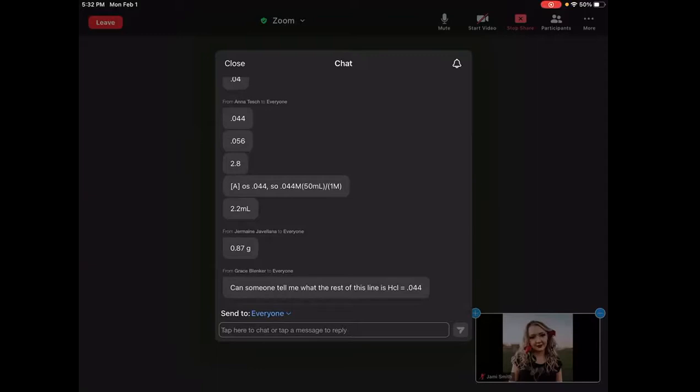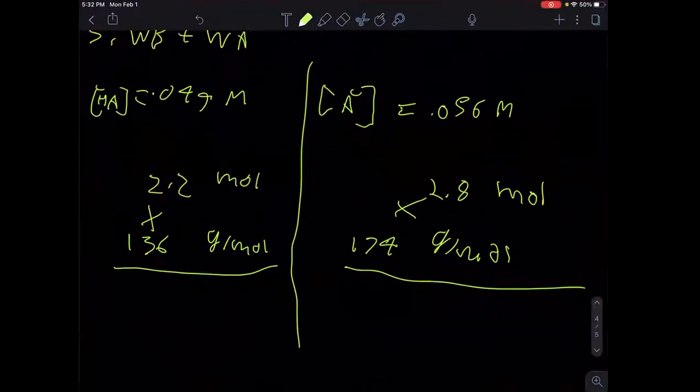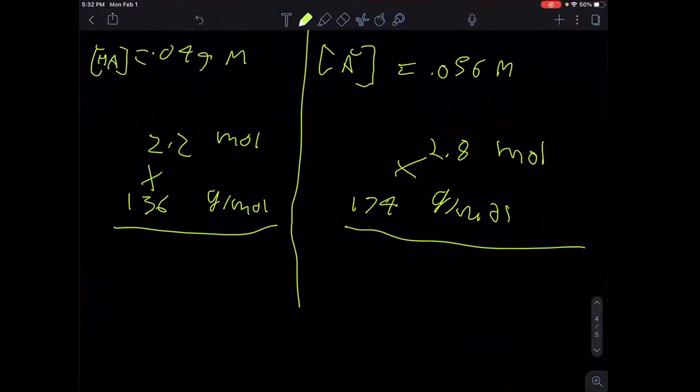0.87 grams for what? Oh, I might have missed a decimal place. That's my bad. I multiplied by milliliters instead of liters, so it's actually like point... Yeah, sorry.